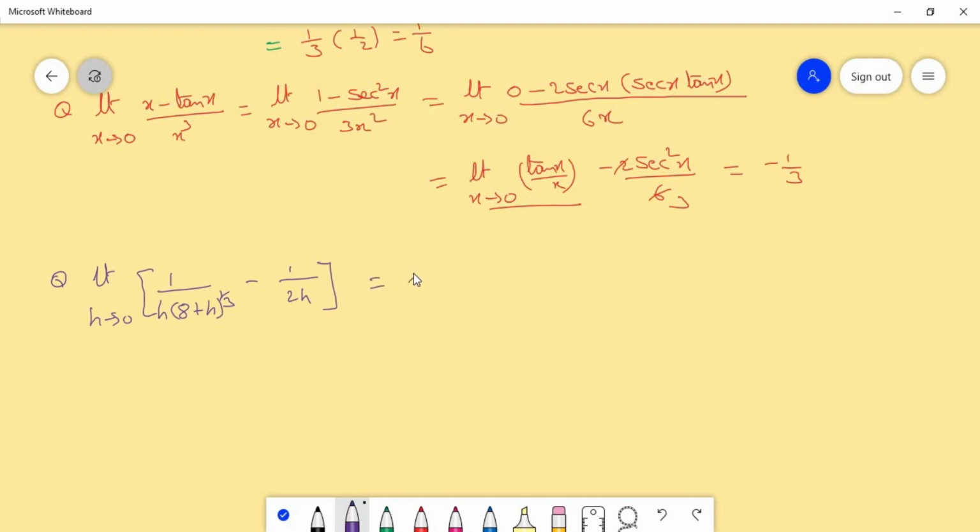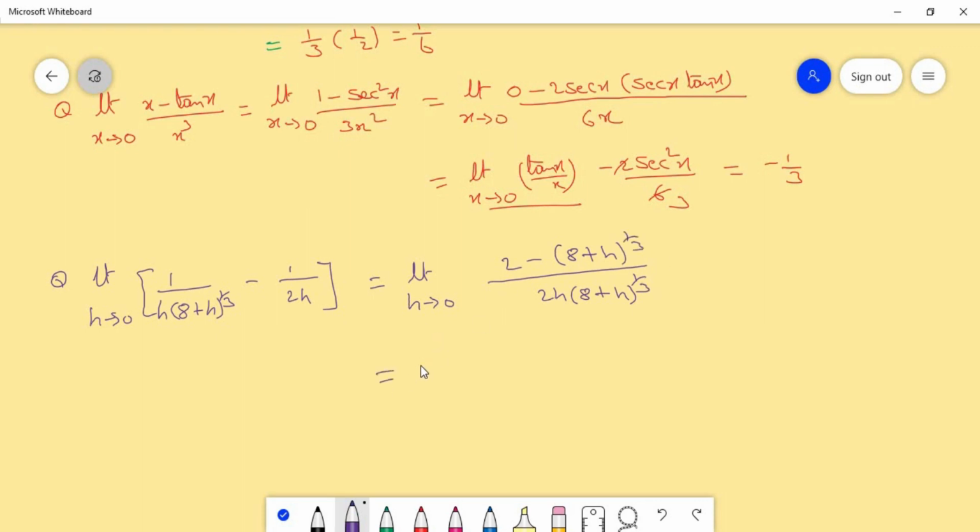So, limit h tends to 0. LCM is 2h into (8 plus h) power 1 by 3. Here we get 2 minus (8 plus h) power 1 by 3.